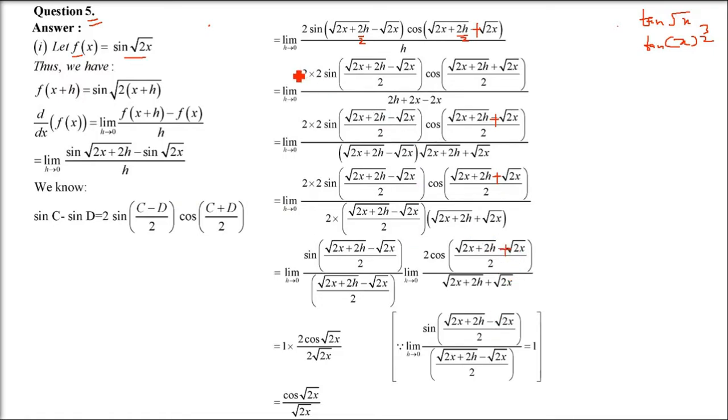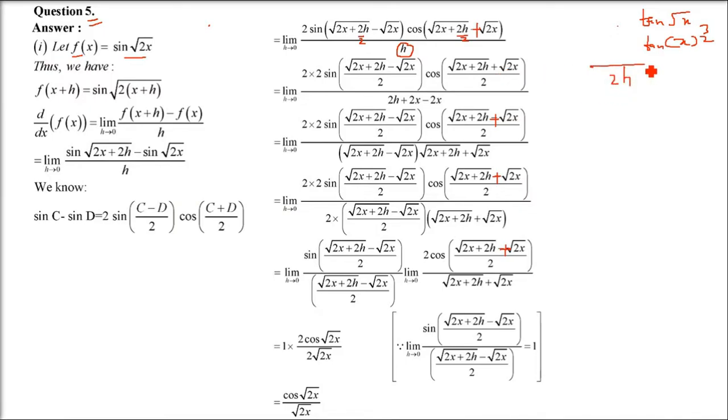Okay. Now what we will do here is, this is sin of root 2x plus 2h minus root 2x, and in the denominator you have h. So we have to convert this h in a certain way so that we get the numerator. First of all, take 2 and multiply it by 2.